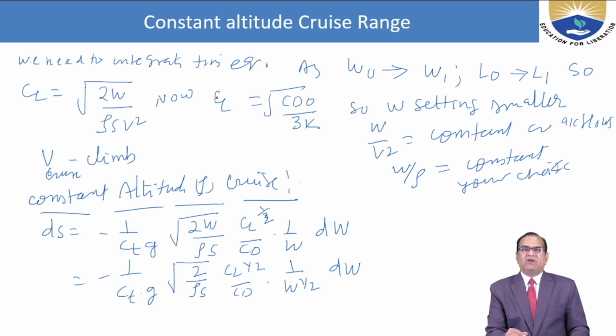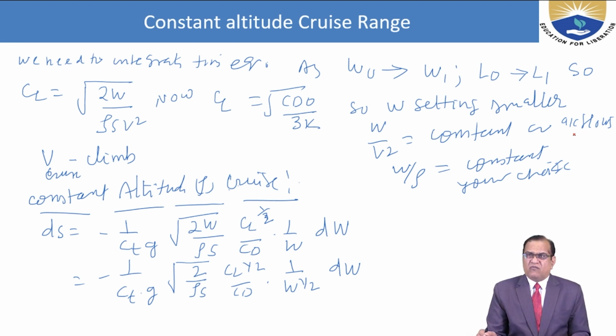Now for this Cl, we put under root Cd naught by 3K. Here W is getting smaller and smaller, so as you increase this value, your W will be small. So W by V square is equal to a constant, for a constant aircraft velocity.